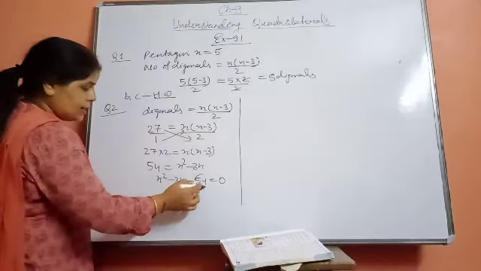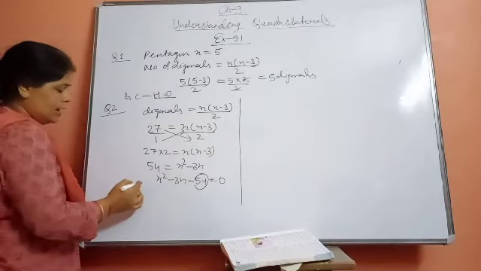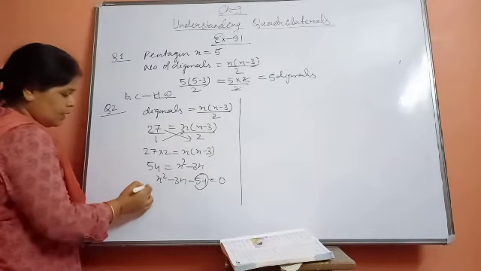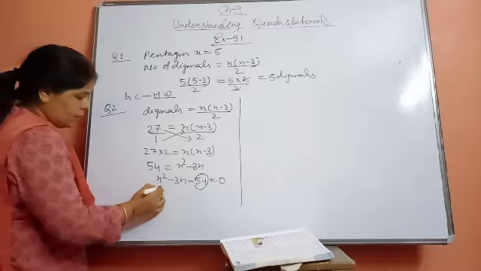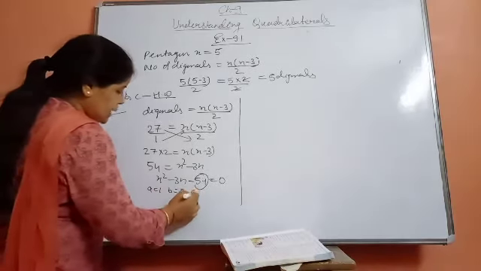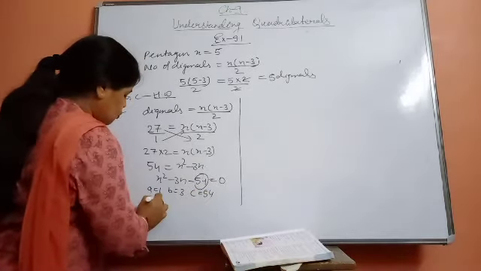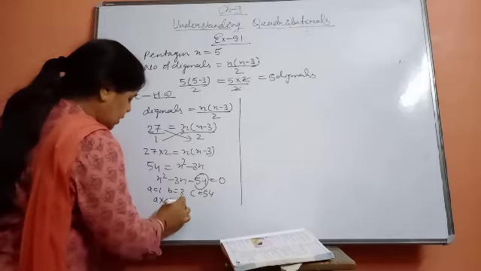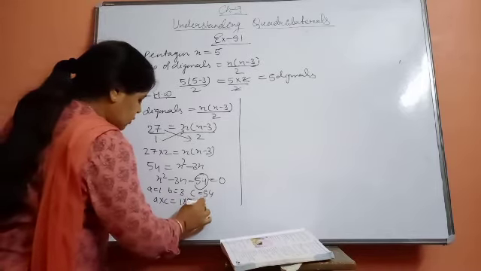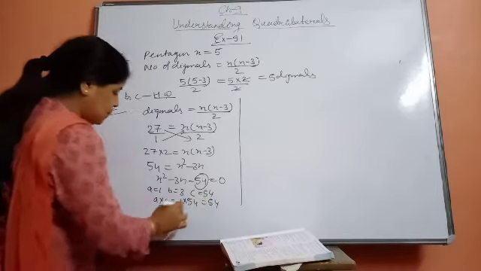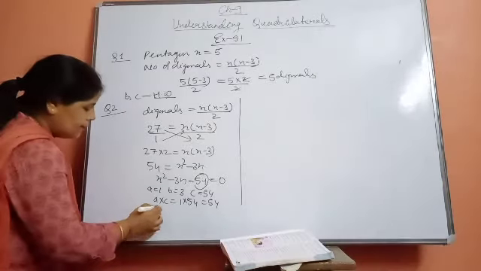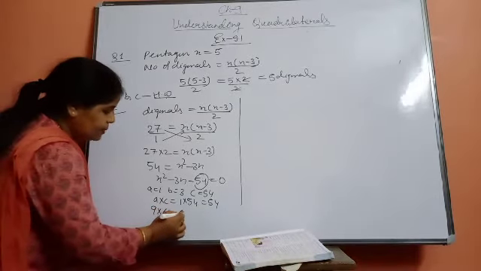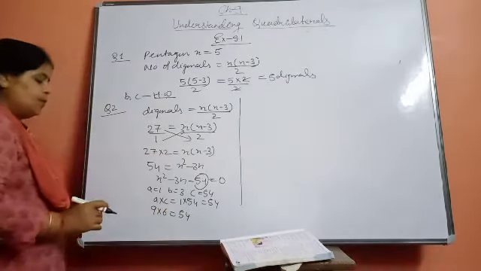You just do the factorization of this 54. If we compare, a is equal to 1, b is equal to minus 3 and c is equal to minus 54. So a into c is 1 into 54, which is 54. Now in which table does 54 come? 9 sixes are 54.